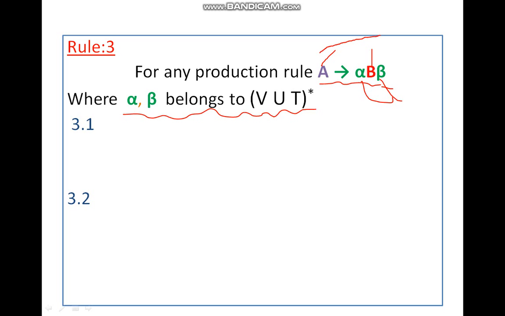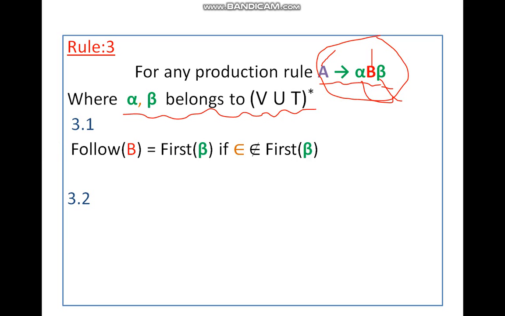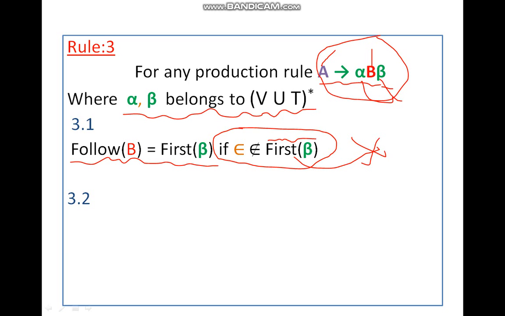If you have identified all such rules, you need to follow this rule: follow of B would be first of beta when first of beta does not contain epsilon. So you need to find first of beta, and if first of beta does not contain epsilon, then follow of B would be first of beta. This is rule number 3.1.